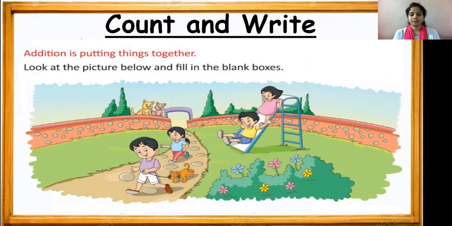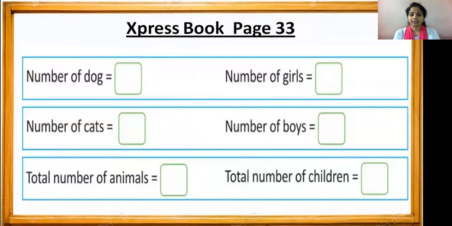Okay, now look at this picture. So many things are there. Just observe it very carefully. Dog is there. Cats are there. Boys, girls, flowers are there. Right? So first, this exercise is on page number 33 of Math Express. Now, we will complete this exercise.